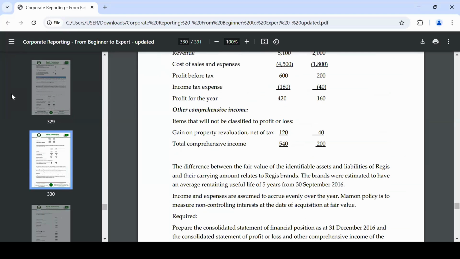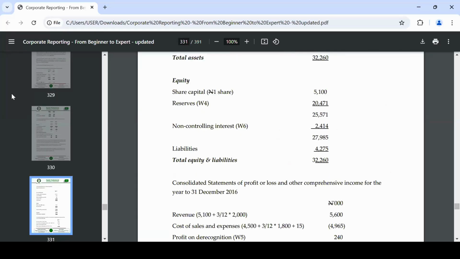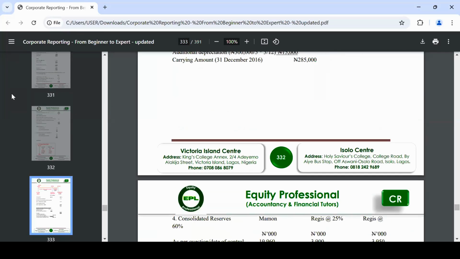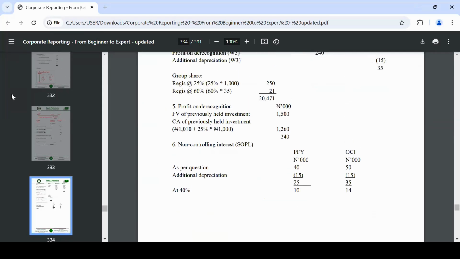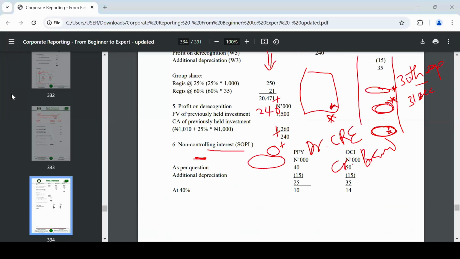So the way we are going to share the profit, we'll look at what is NCI share of the profit for the year and what is NCI share of the OCI. And it is that calculation that was done as the last working that you have here. So profit for the year is PFI, OCI, of course, is other comprehensive income.